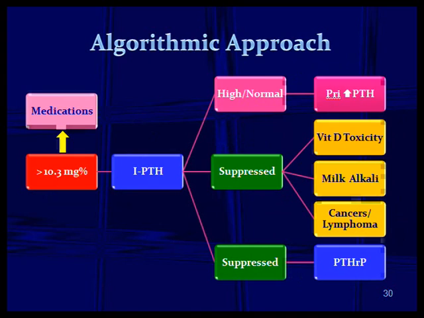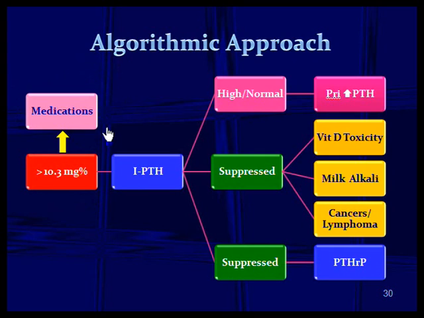Let us see the next slide of the algorithm. The next important step would be, if the serum calcium is more than 10.3 milligrams, is the patient taking any medications which could cause this hypercalcemia? Like, is he on chronic thiazide diuretic treatment? Is he taking vitamin D supplementation?